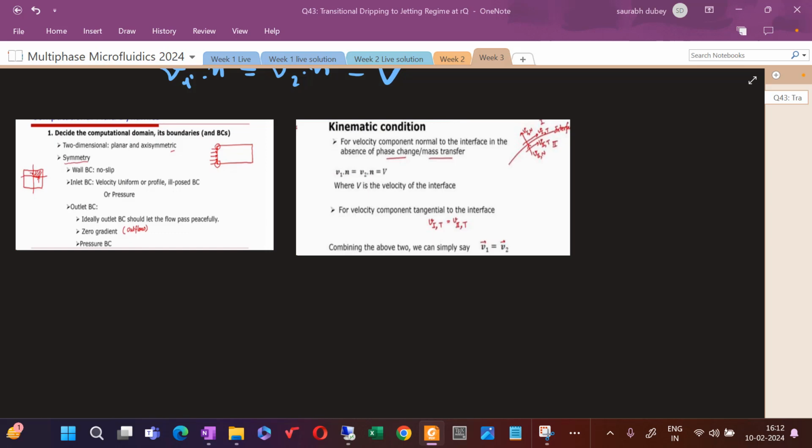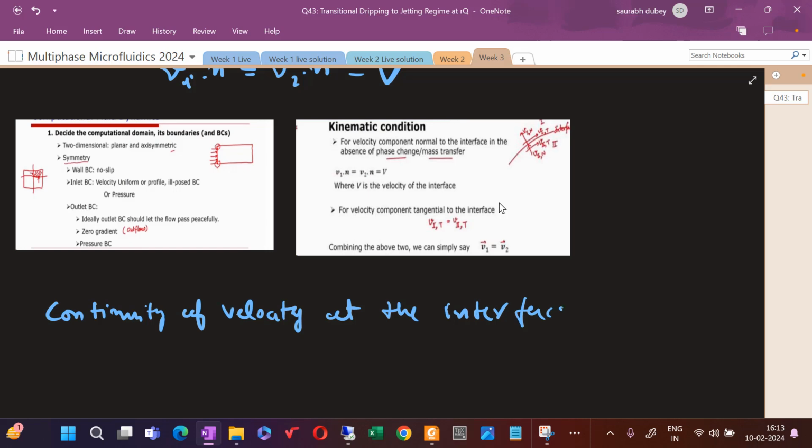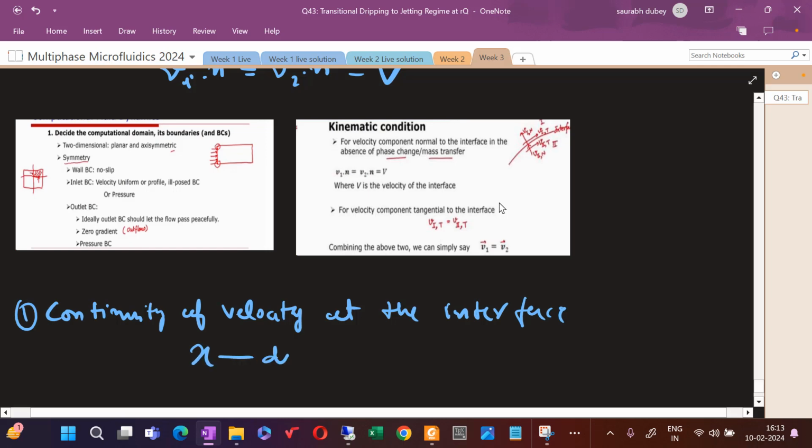If you consider tangential balance and normal balance, then there will be continuity of velocity at the interface, in the x direction and in the y direction, both directions, supposing it is a 2D problem.